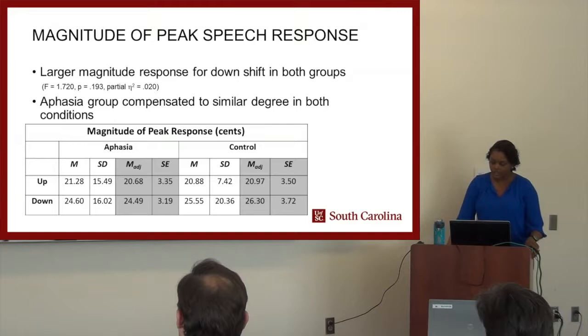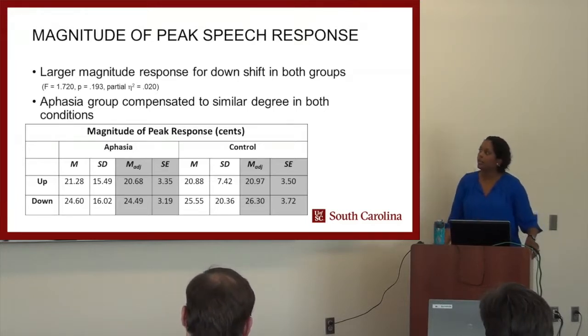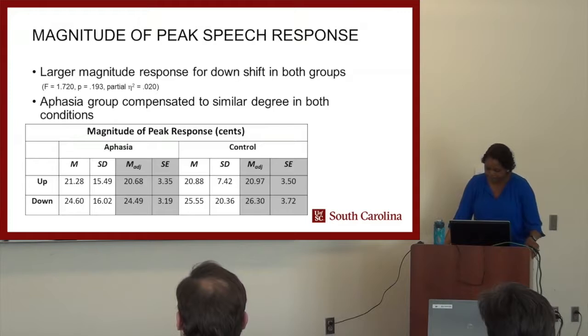So interestingly, the aphasia group compensated to a similar degree in both conditions, and that's particularly evident if you look at the adjusted means in gray. And we were also expecting that there would be more variation in performance for the aphasia group, but that actually wasn't true for both conditions.